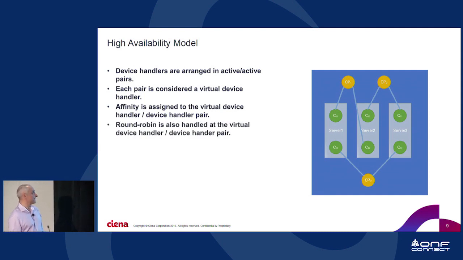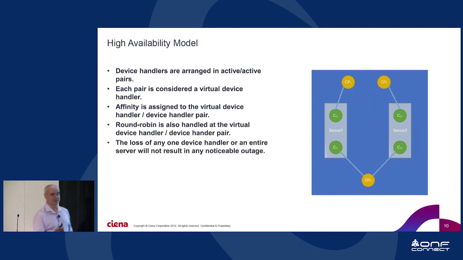So what happens is that when a server disappears or a device handler disappears, you'll find that there's still enough material available to continue to handle requests. Those two guys go into high-risk mode, which means that they no longer have an active partner, and the core pair at the bottom is still active-active.